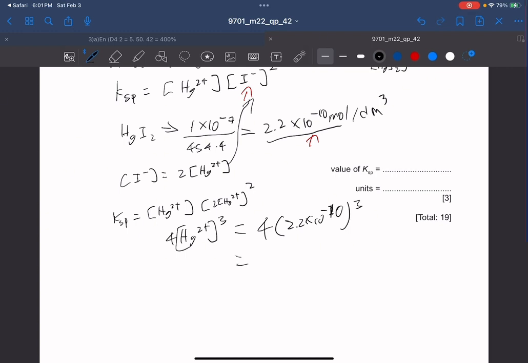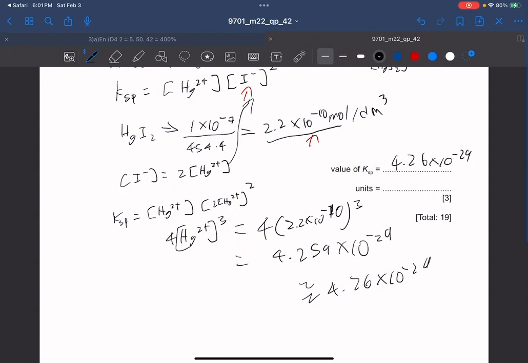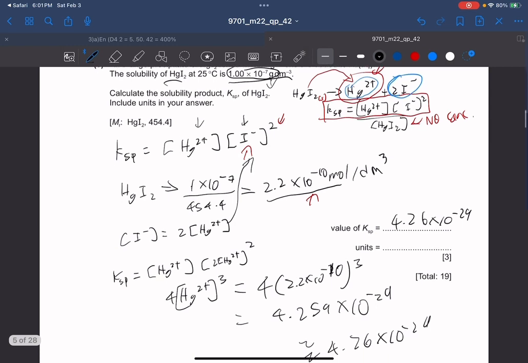Just going to plug that into the calculator. We're going to get 4.259 times 10 minus 29. We want that in 3 significant figures, so it's going to be that. So this is not a very soluble compound, to be honest.